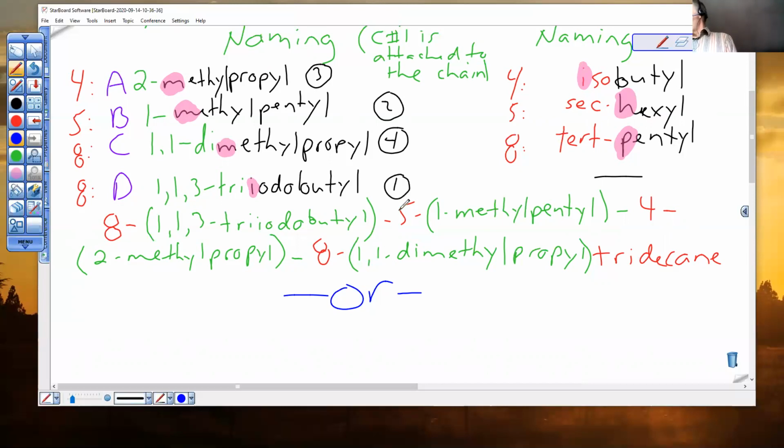Alphabetizing, we have an IO before an IS, and the H before the I's, H, I, J, K, L, M, N, O, P, P's last. So we're going to have H before I, so that'll be a 1.